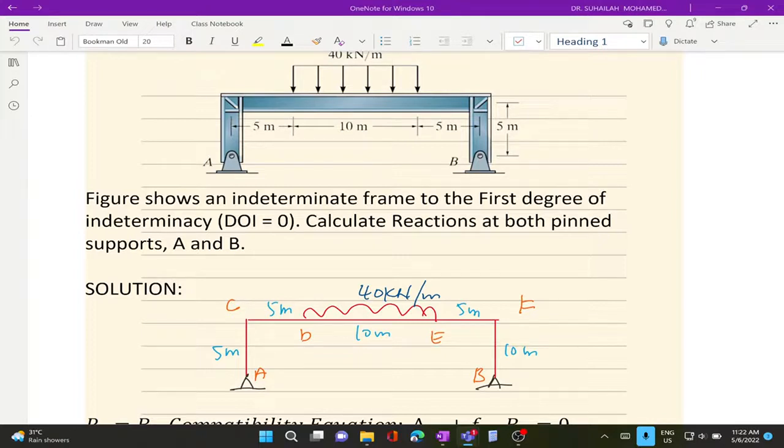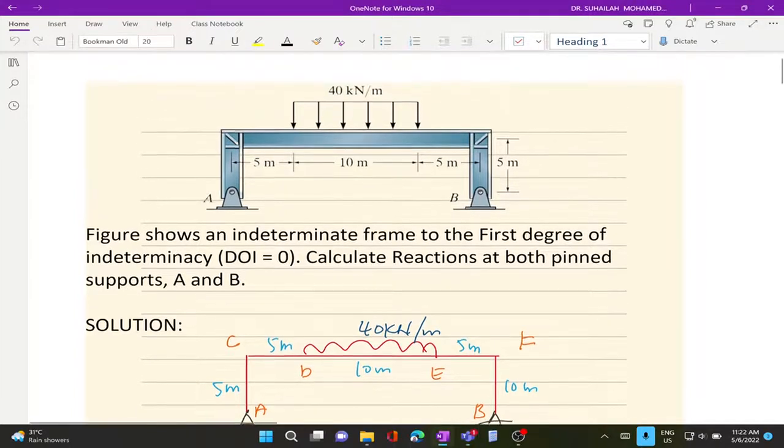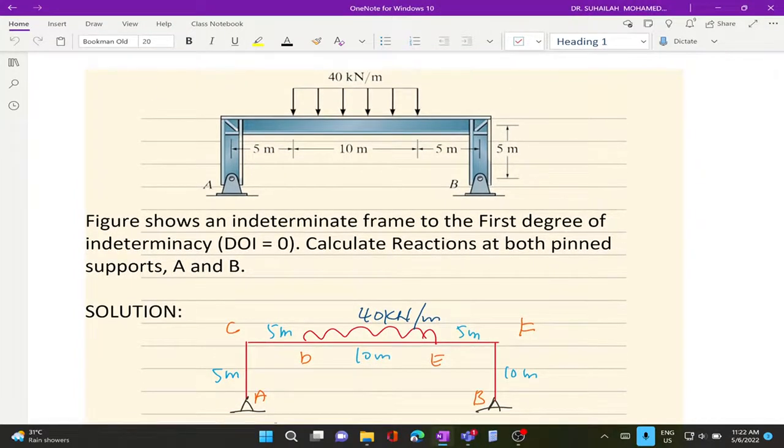Okay, I believe you can listen to me. So, okay, frame. The flexibility method we use to analyze indeterminate structures: beam, frame, truss, composite structure, as well as cable and arches. So this one we are focusing on frame.